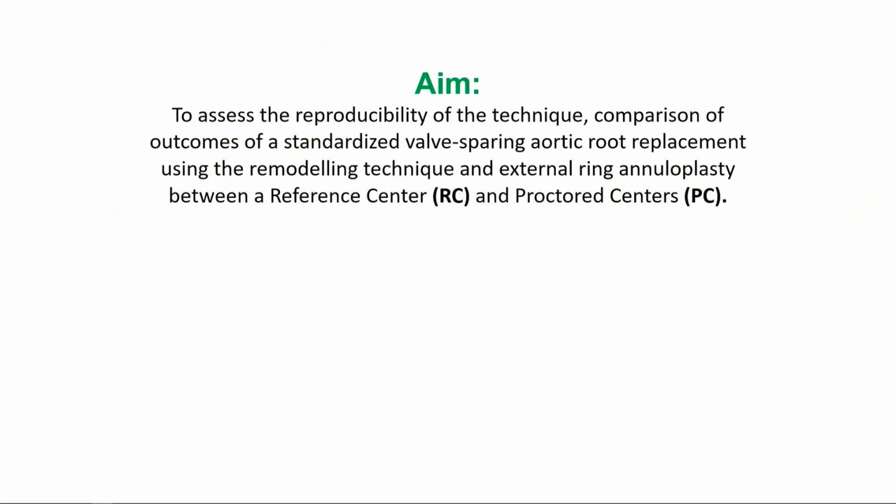The idea of the trial was to assess the reproducibility of the technique and compare the outcomes of the standardized approach of valve-sparing root replacement using the remodeling technique with external annuloplasty between the reference center and the proctor center.